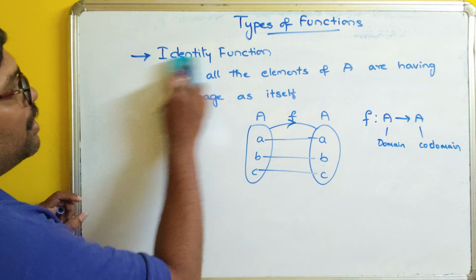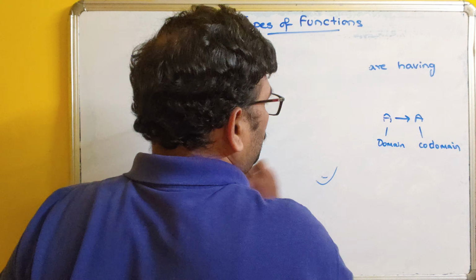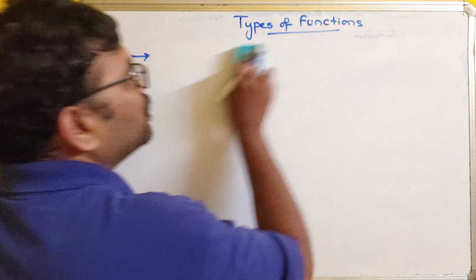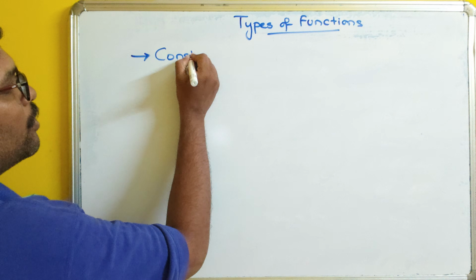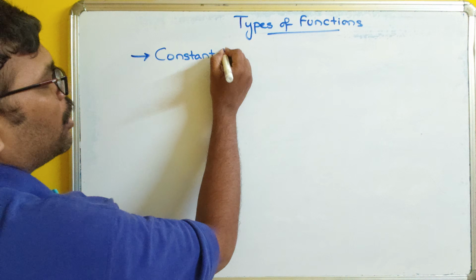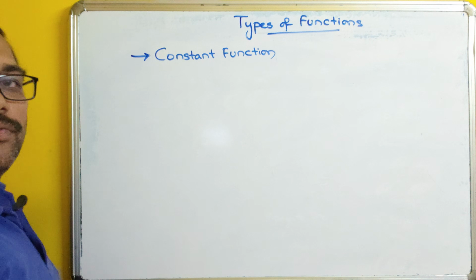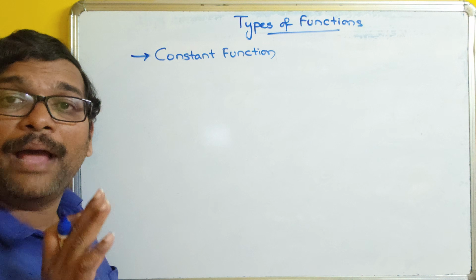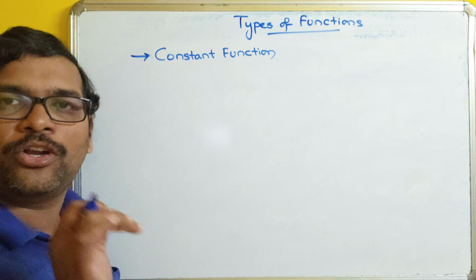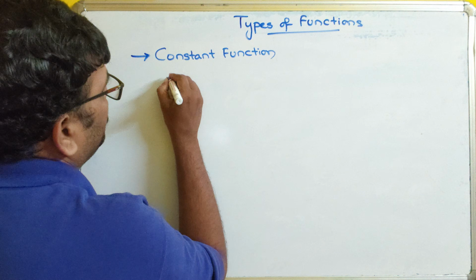The next one, and the last one, is a constant function. What is a constant function? If all the elements of A are mapping towards a single element in B, then it's called a constant function.